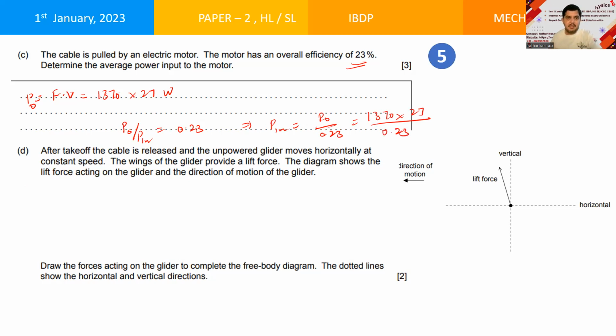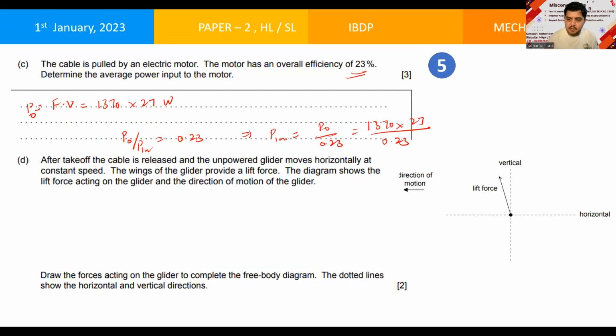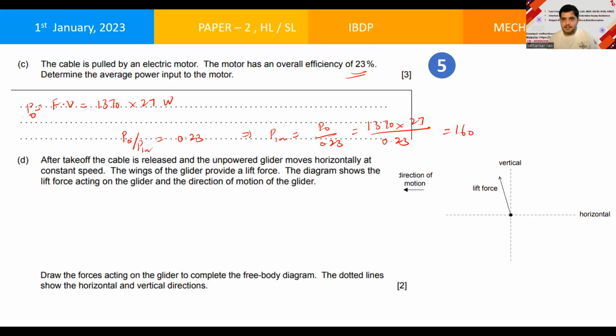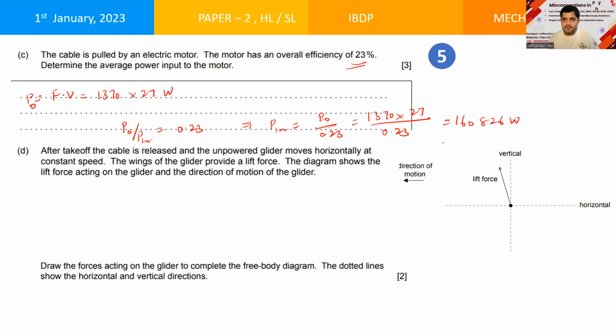Let us do that so that you get a correct answer. 1,370 times 27 divided by 0.23 is 160,826. Bigger number. 160,826 watts. Now I put it in kilowatts. I'll write this as 160 kilowatts.